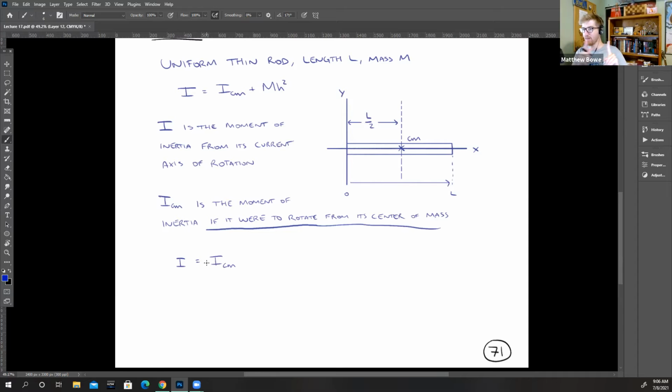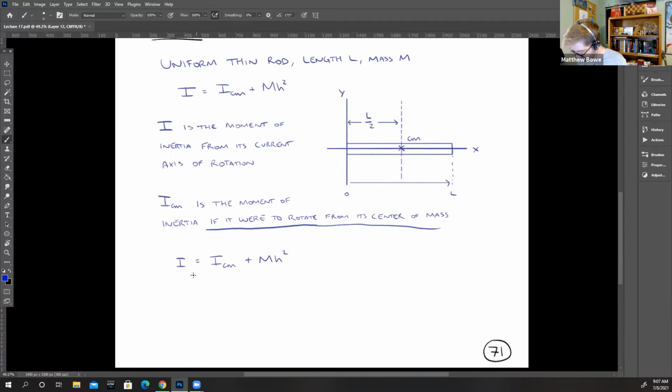Because remember that integral, if we went negative L over 2 to L over 2, you have one term subtracting the exact same thing, it would cancel itself out. That's why parallel axis theorem is being used right now. Plus m h squared.